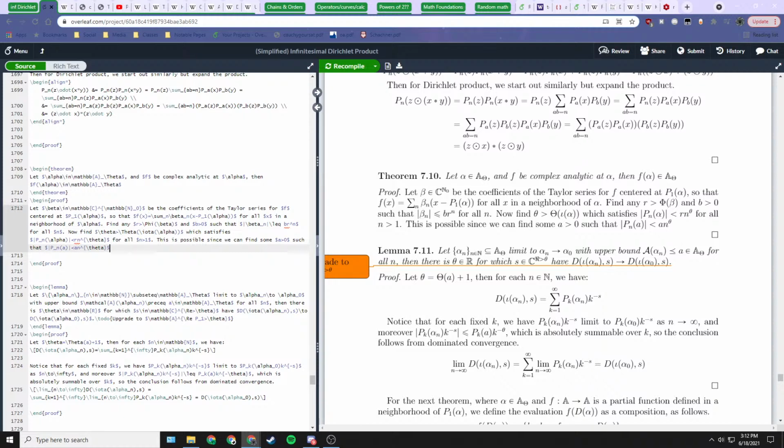So the reason that we can select this is, we can say this is possible since, let me think on how I want to formalize this.